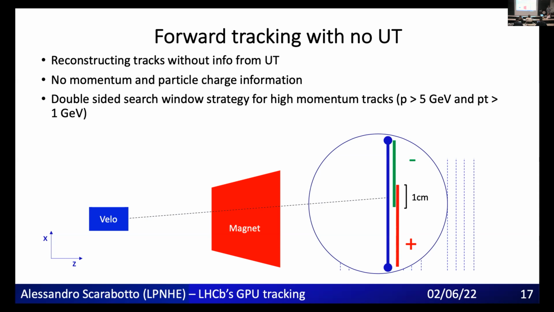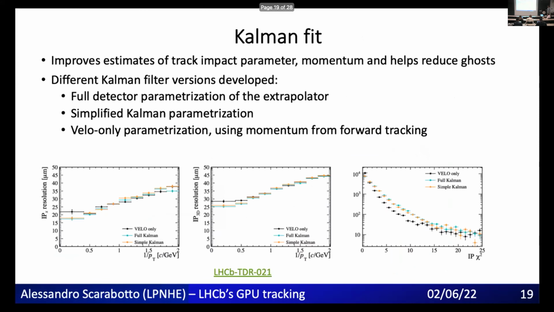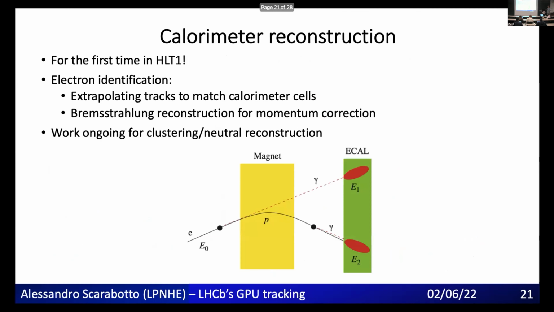You described how you do some calo matching to recover Bremsstrahlung energy loss. How often do you get accidental coincidences for calorimeter clusters that didn't actually come from a photon from the Bremsstrahlung? I don't think I have the exact number.